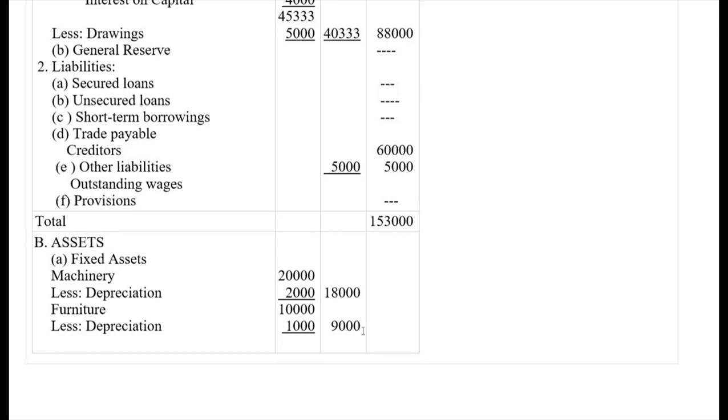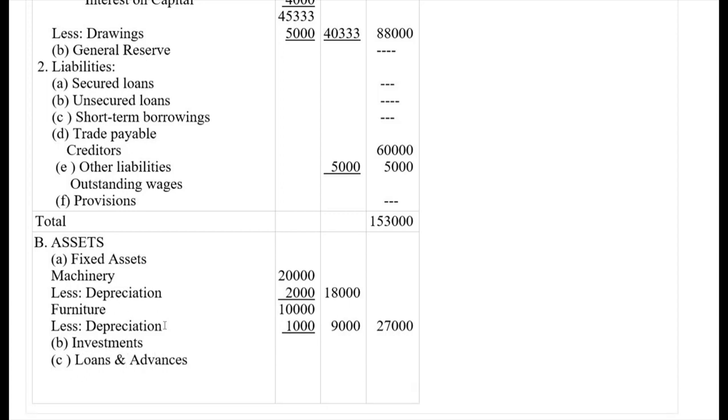So now the sum of the total fixed assets comes to rupees 27,000. Then the next one comes here, B, investments. We don't have anything in the investments. Then we have got C, that is loans and advances. We don't have anything under this head here.